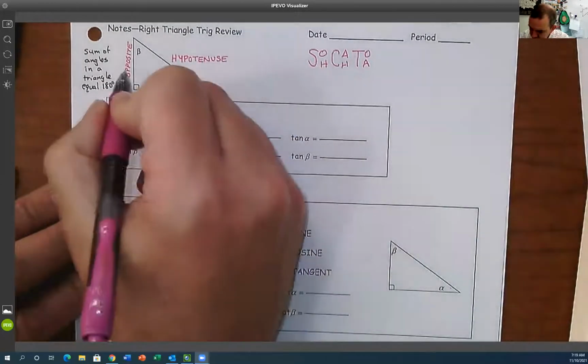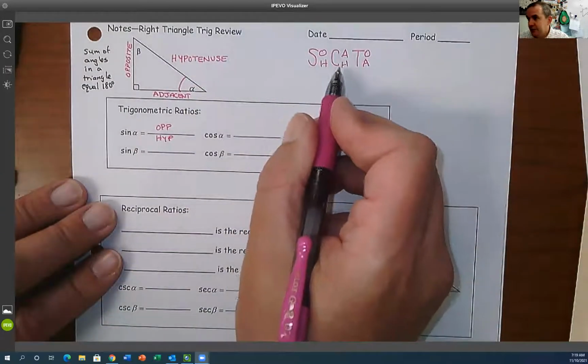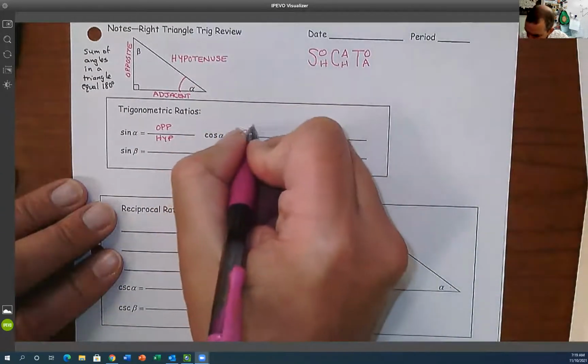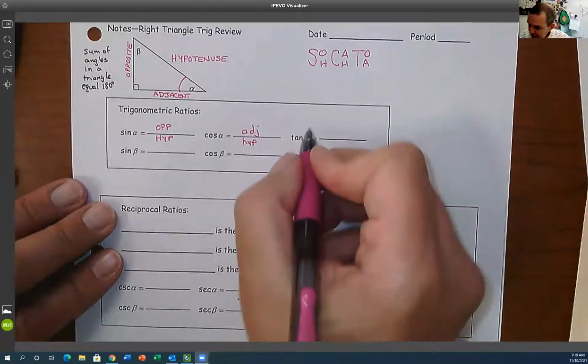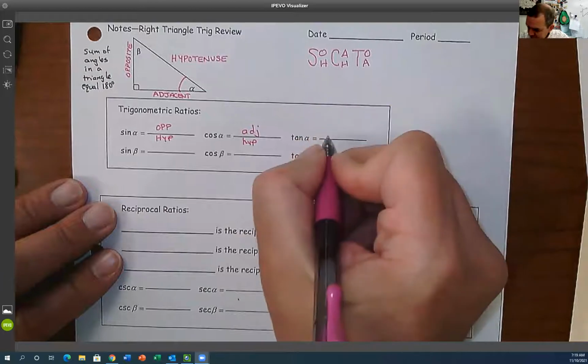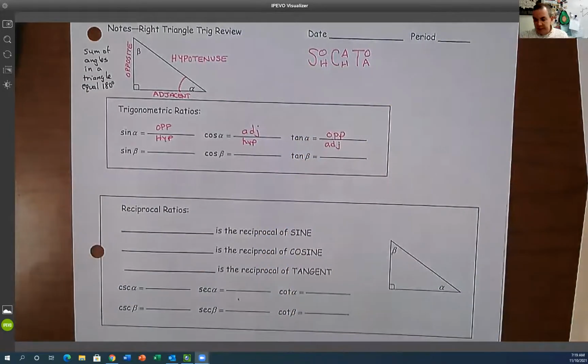It's the ratio of this to that. Cosine, CAH, so it's adjacent over hypotenuse. And the last one, tangent, opposite over adjacent. So that is from the reference point of the angle alpha.